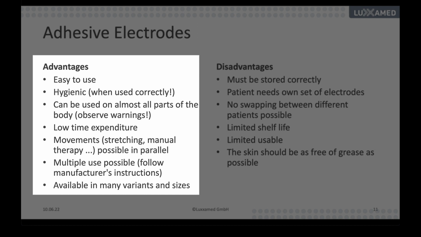You have a low time expenditure. Movement, stretching, manual therapy are possible in parallel to the use of the microcurrent therapy. You can use them multiple times, but also here, as we saw before on the marking part, follow the instructions for use. And of course, they are available in many variants and sizes.